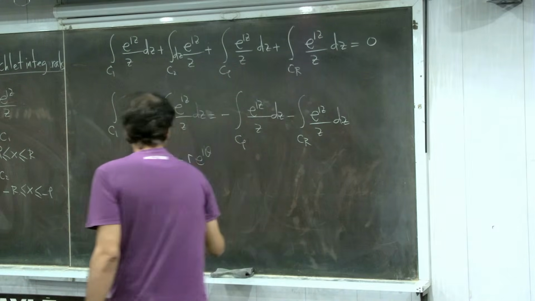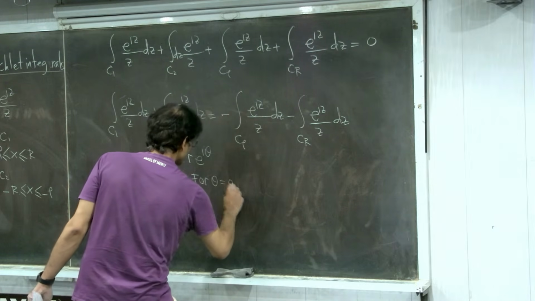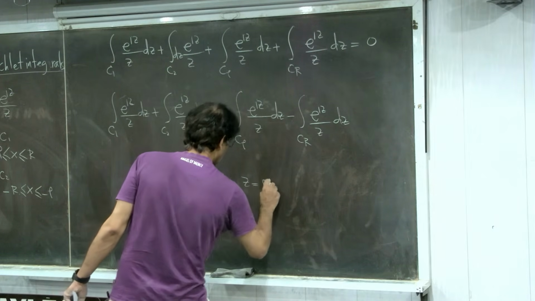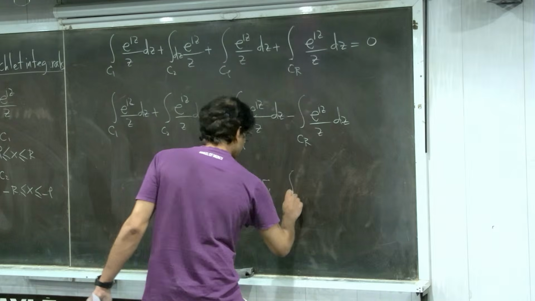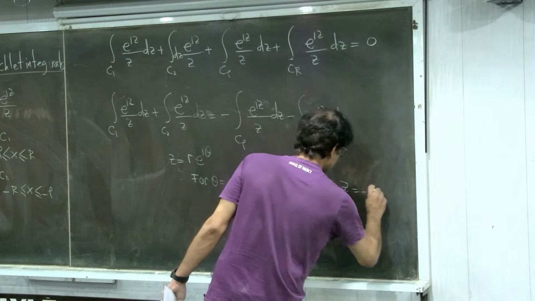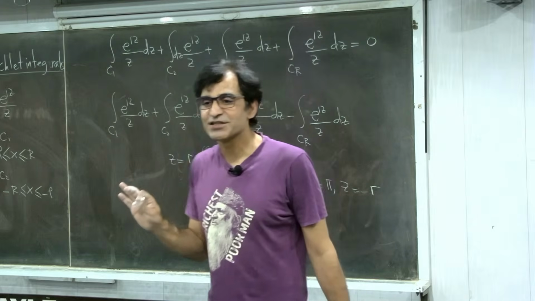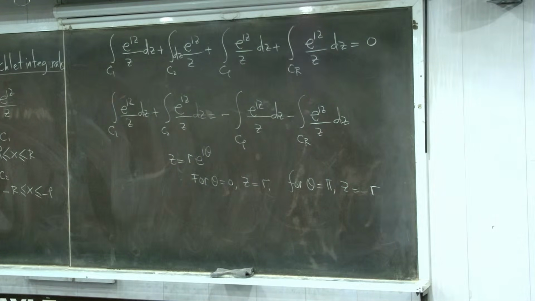So for theta equal to 0, z is equal to R on this side. For theta equal to pi, z is equal to minus r, and correspondingly the limit will change. All I have done is, instead of going in this direction, I took it in this direction, increasing theta.